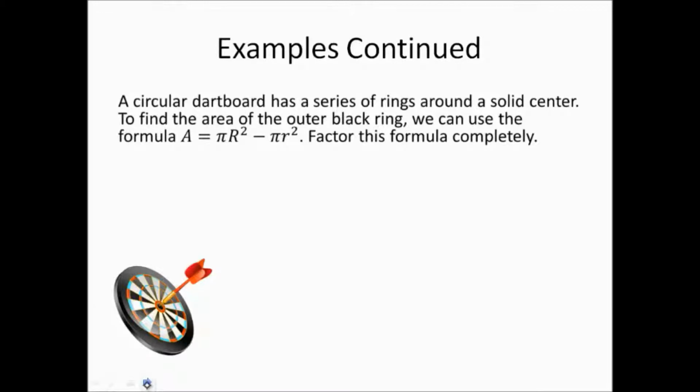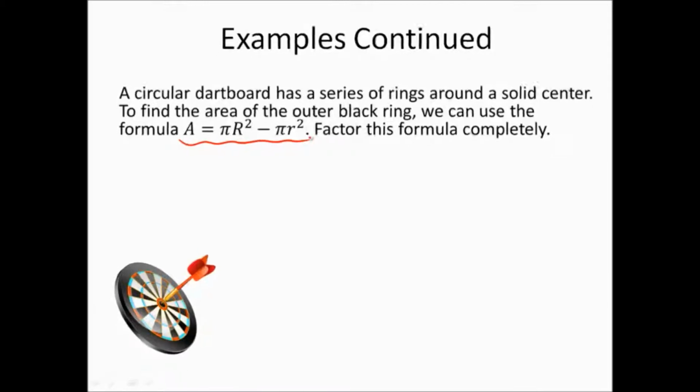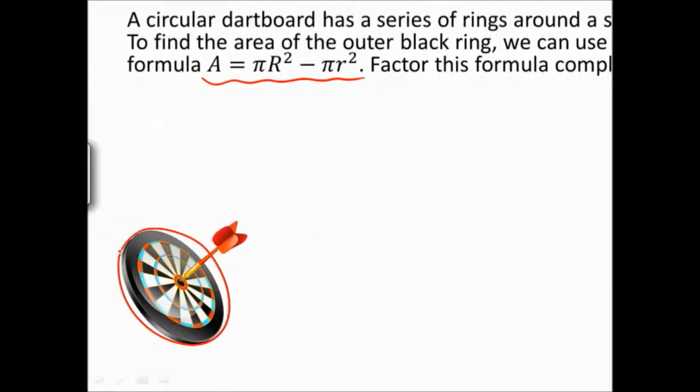The last example here is a bit of a word problem. They're telling us that the circular dartboard has a series of rings and a solid center. The solid center is called the bullseye. So they've written a formula for us that represents the area of the outer black ring. And it's pi times big R squared minus pi times little r squared.